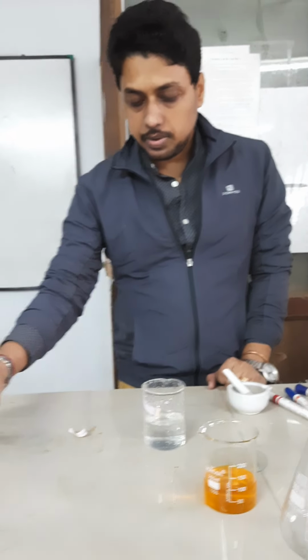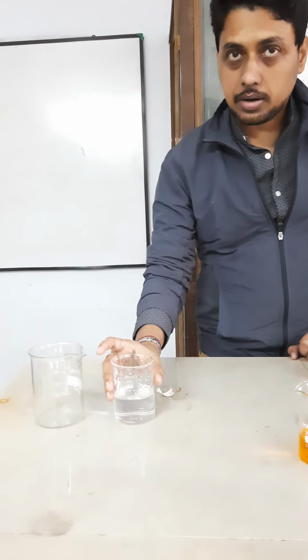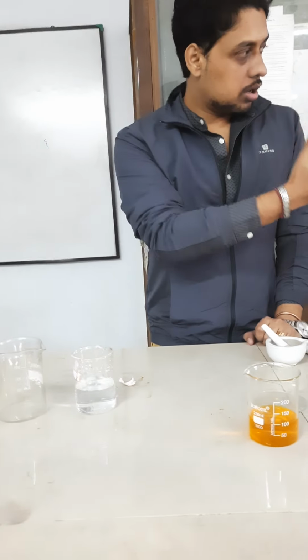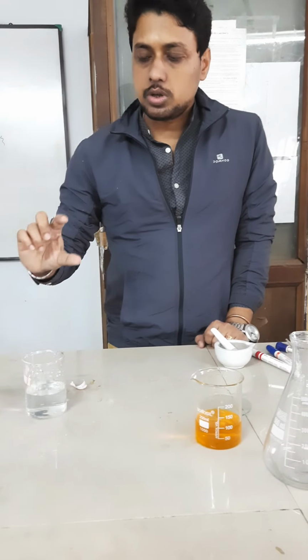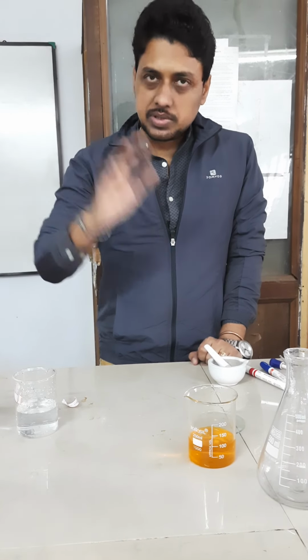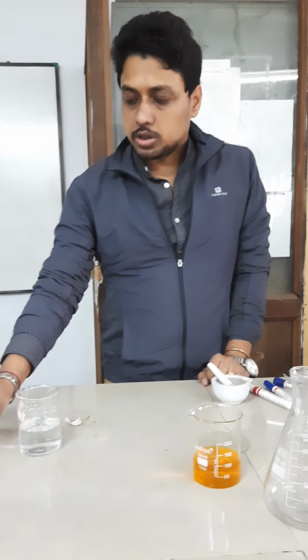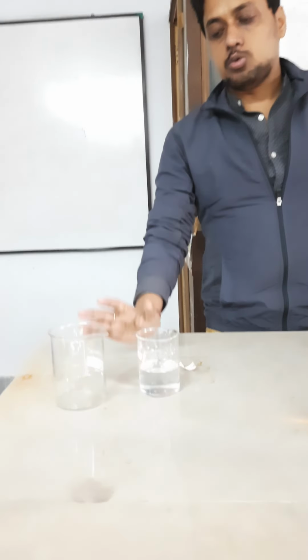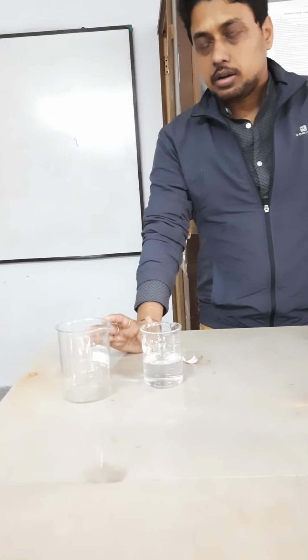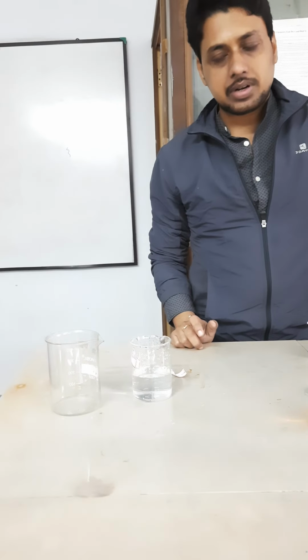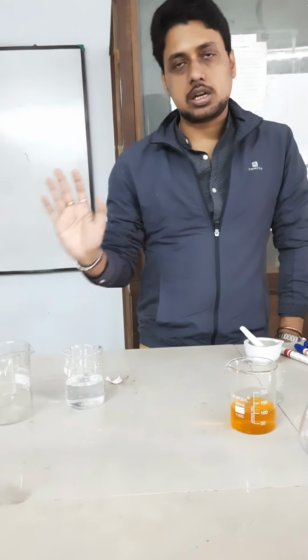This is 500 ml beaker, this is 250 ml beaker, or maybe during experimental section we need to use 100 ml beaker, or something less than that, 50 ml beaker. We also have 1000 ml beaker. Okay, so this is beaker. We need to use this glass instrument during our experimental session to keep any solution.